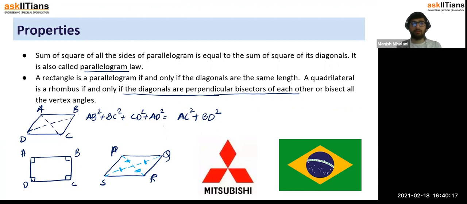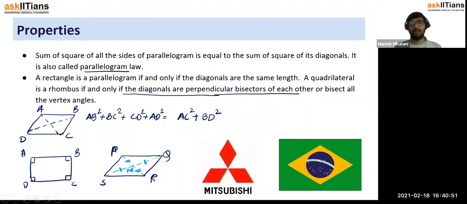So PM is the bisector of angle P, QM is the bisector of angle Q, SM is the bisector of angle S, and RM is the bisector of angle R. If this is the case, we would say this is a rhombus. Okay. So these are the additional properties of parallelogram and rhombus, and also the condition for a parallelogram to be a rectangle. So these are the things which we have discussed.